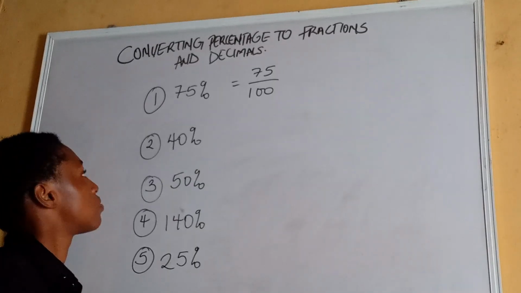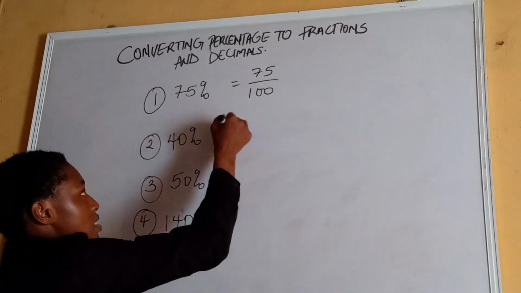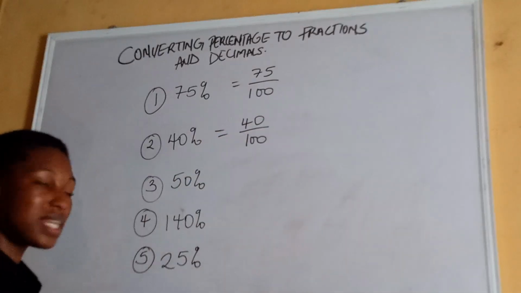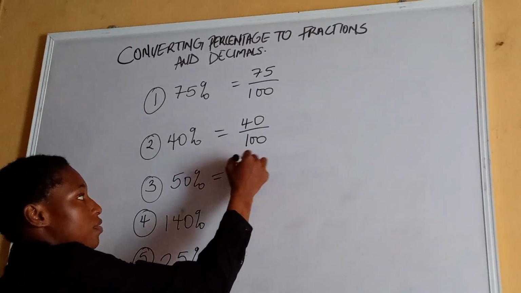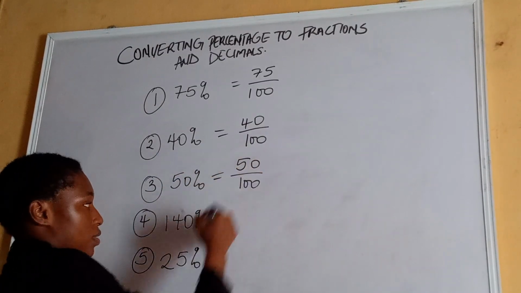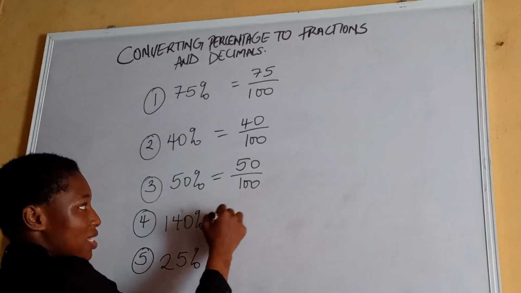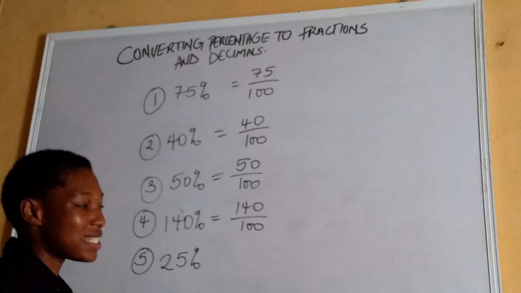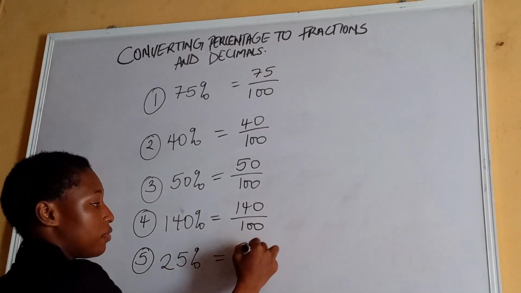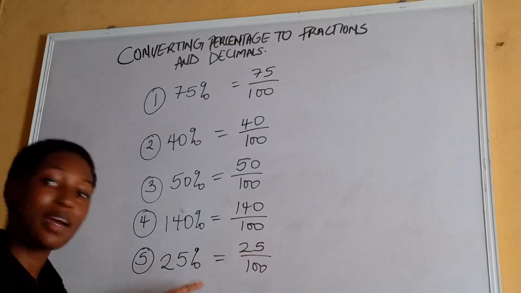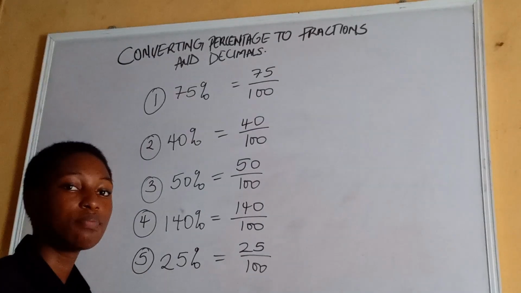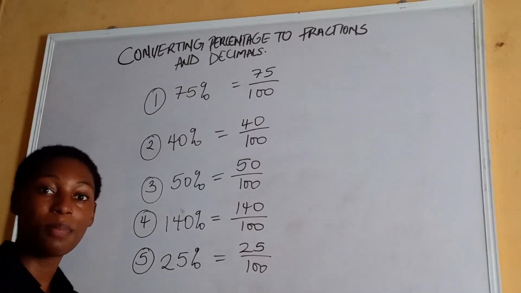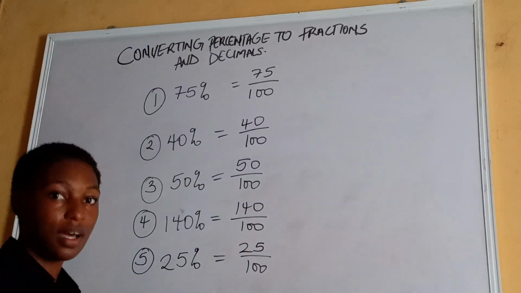Just simply put, 40% is the same thing as 40 over 100. 50% is the same thing as 50 over 100. 140% is the same thing as 140 over 100. 25% is the same thing as 25 over 100. So anytime you see the percentage sign, it simply means out of 100. Plainly, you can have numbers that are greater than 100 and it is still out of 100.